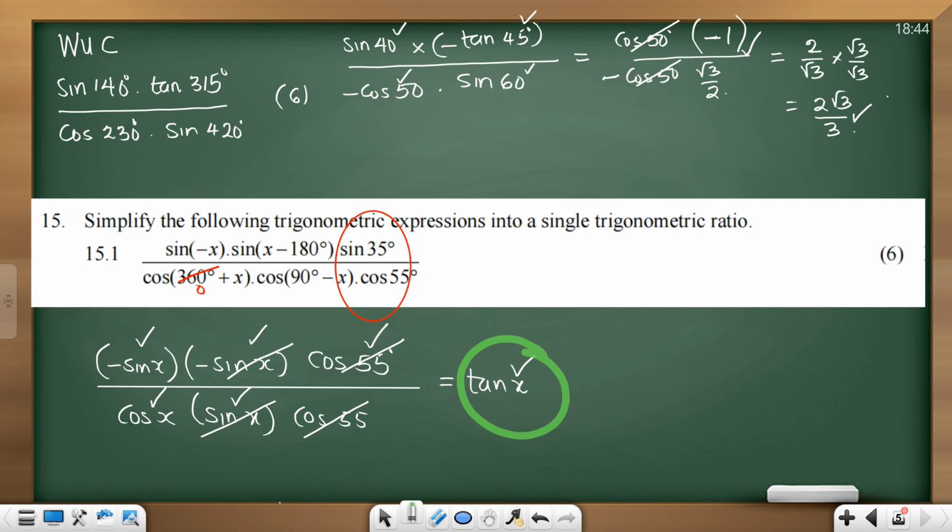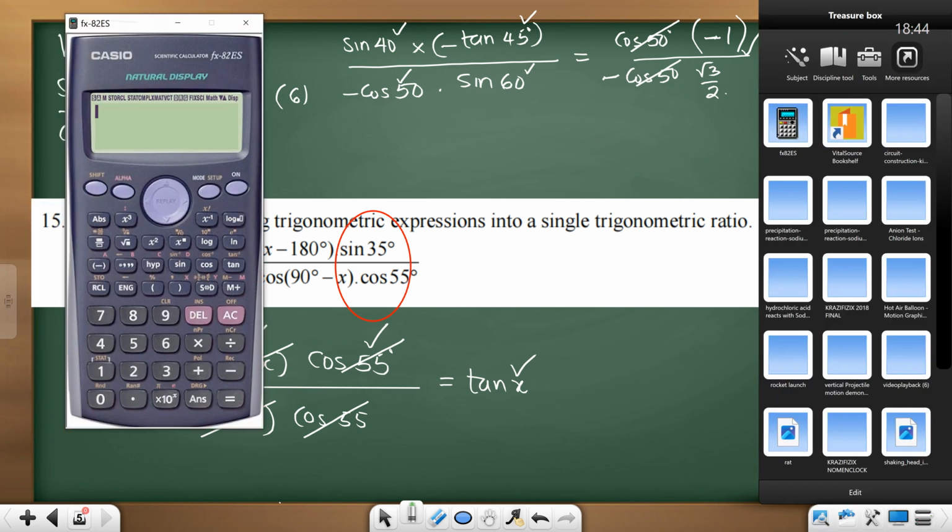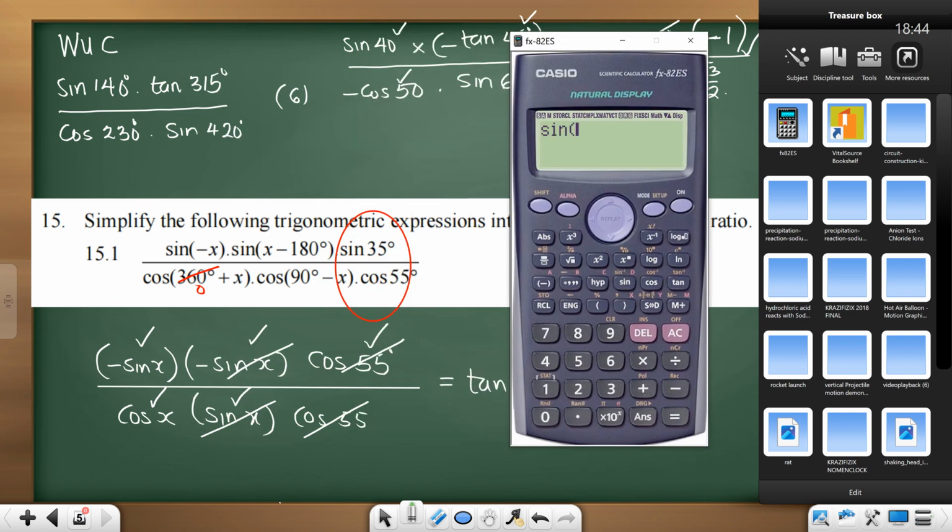In fact, let me show you how to check if you are correct again without putting it as tan 1. You know, people normally say trig is difficult, but I think this thing is very easy. Check, my good learners. Sine negative 1. Oh, no, it should be division, right? Remember, my x is now 1. What do I have? Sine of 1 minus 180. Sine what? 35. Close the bracket. Come to the denominator.